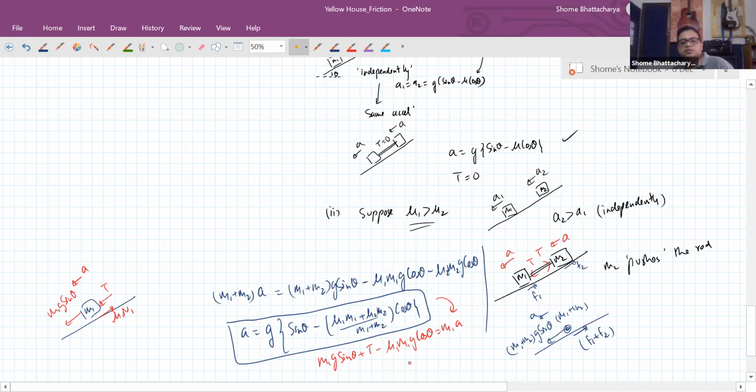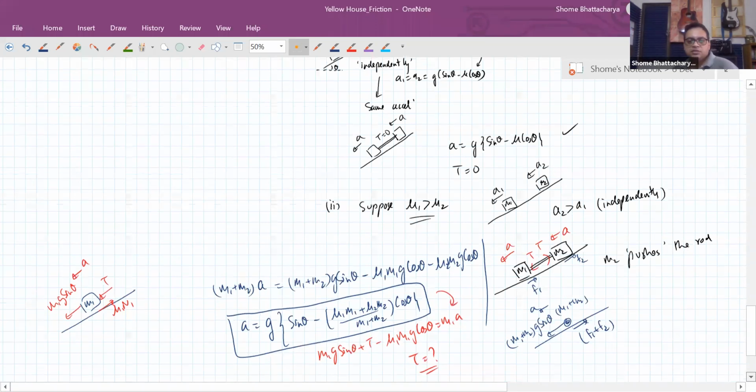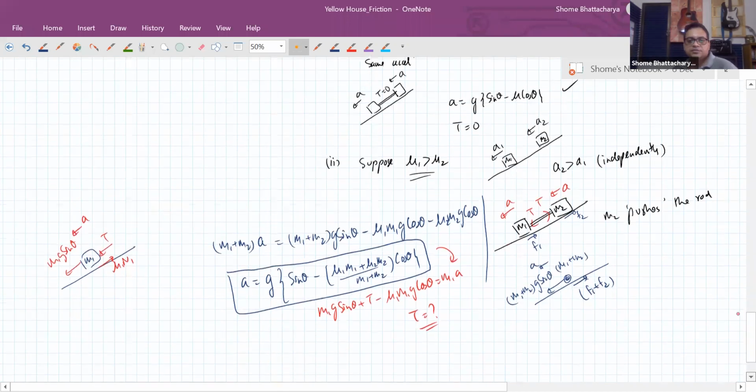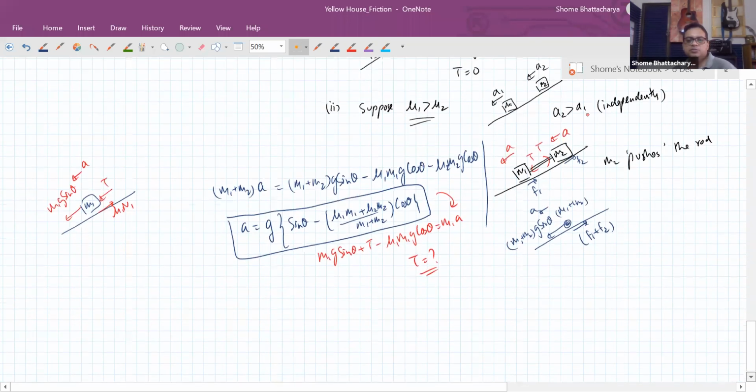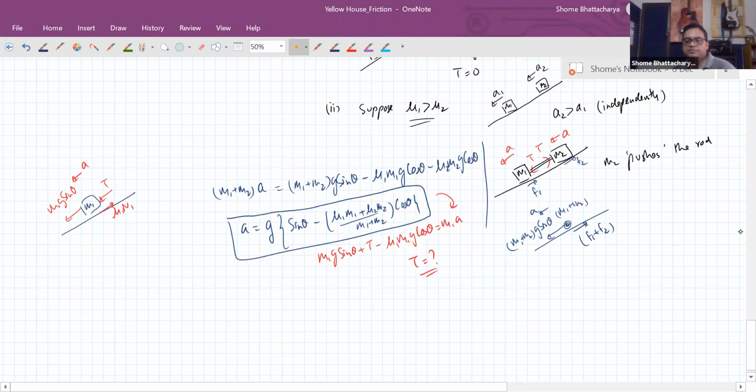You substitute this here, so you can find out how much the tension is. This has not been asked in this question, but supposing it would happen, it would be like this. Supposing mu1 was greater than mu2, then this is what would have happened.